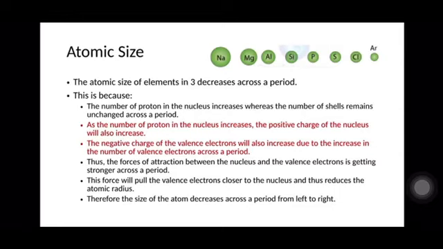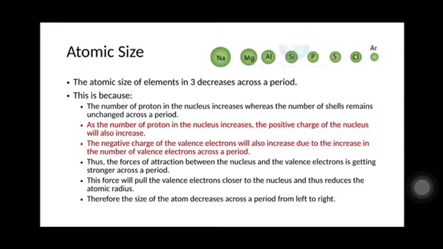When we are talking about the forces of attraction, we are talking about the forces of attraction between nucleus and valence electron. Maksudnya tarikan daripada nucleus tu dengan valence electron makin kuat disebabkan pertambahan different of charges tu tadi.